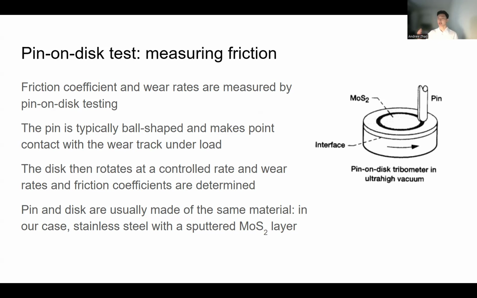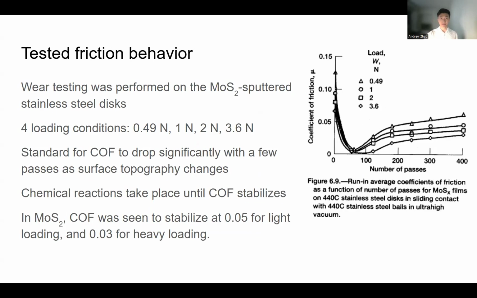The disc rotates at a controlled rate, and the wear rates and the friction coefficients can be determined based on how much wear you see on the pin, for example. They're usually made of the same material, but you can get a lot of useful information, such as the friction coefficient and wear rates out of this test.